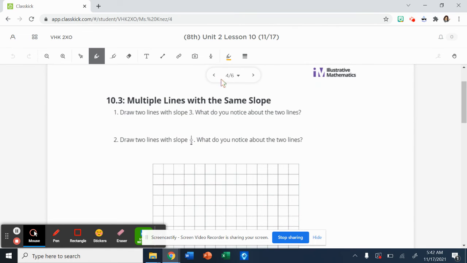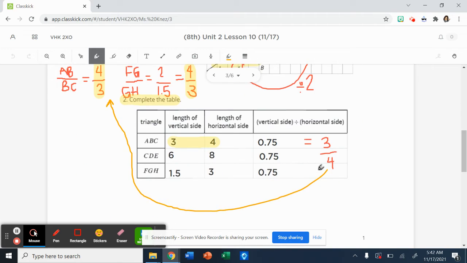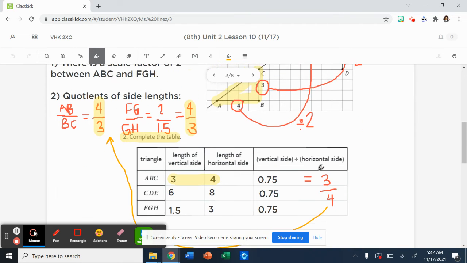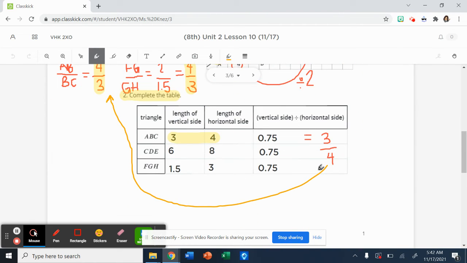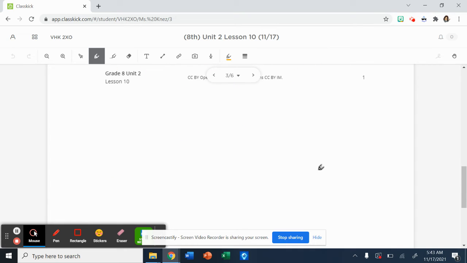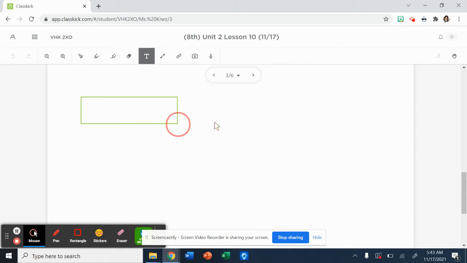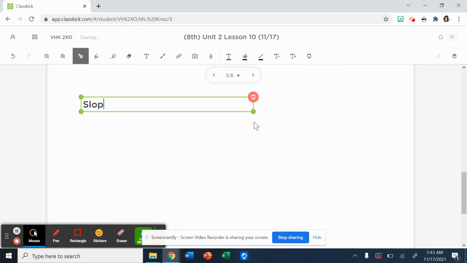All right, so in activity 10.2, we were introduced to the formal definition of slope. And this might be a place where you want to take some notes, or you can always add them to your ClassKick document. Slope is a way to measure the direction of a line. And when I say direction, I mean the slant of a line, not the direction in terms of side to side or up and down.